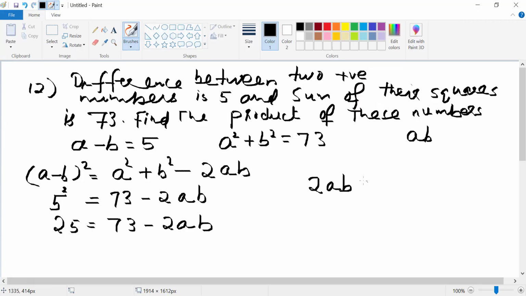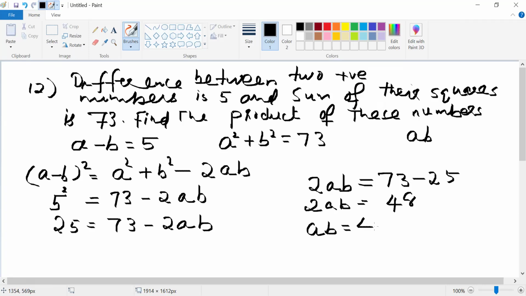Equal to 73, and this 25 let us send to the other side. So 2AB equals 48. So AB equals 48 by 2, 24. That's all. The product of the numbers is 24.